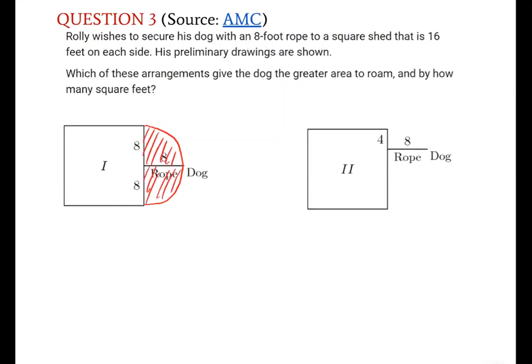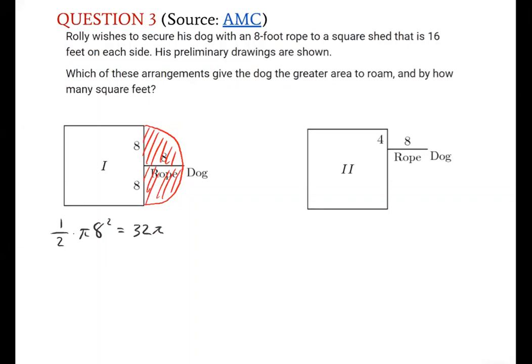So the area of this red region is just a semicircle, so we do half times the area of a circle, pi r squared, pi 8 squared in this case, and that's equal to 32 pi.